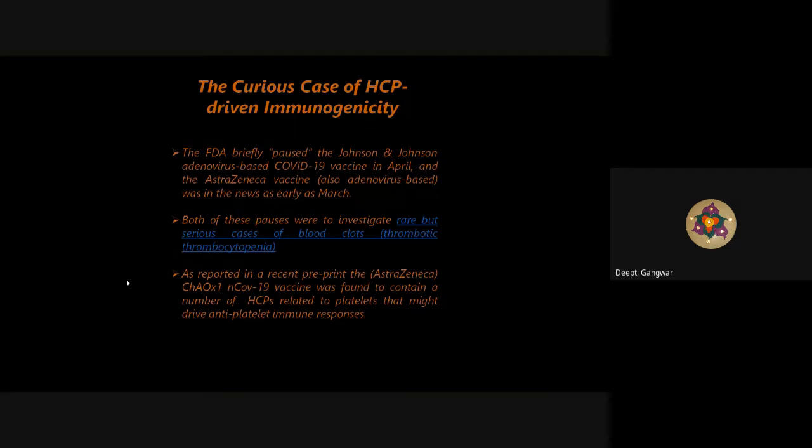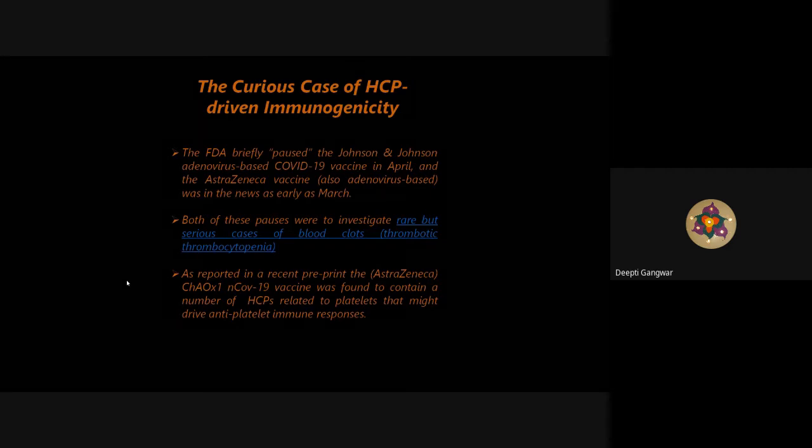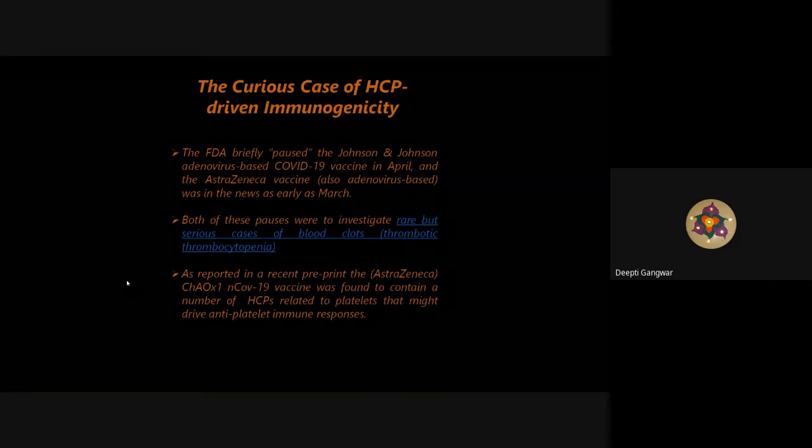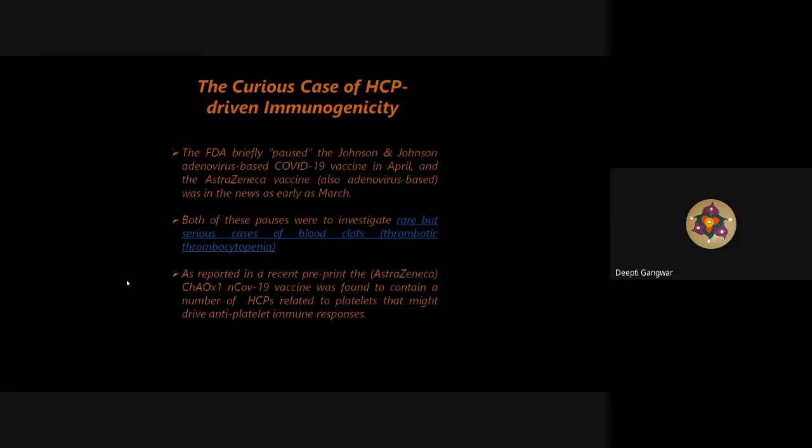Okay, so while I was talking about the case of immunogenicity driven by HCP, whereby these two vaccines had to be withdrawn by the FDA until the cause was found out: one of the host cell proteins, which was present along with the main molecule of interest, was causing this immunogenic reaction, which ultimately led to the blood clots. I brought up this case study because it tells you that host cell proteins are a part of critical quality attributes.